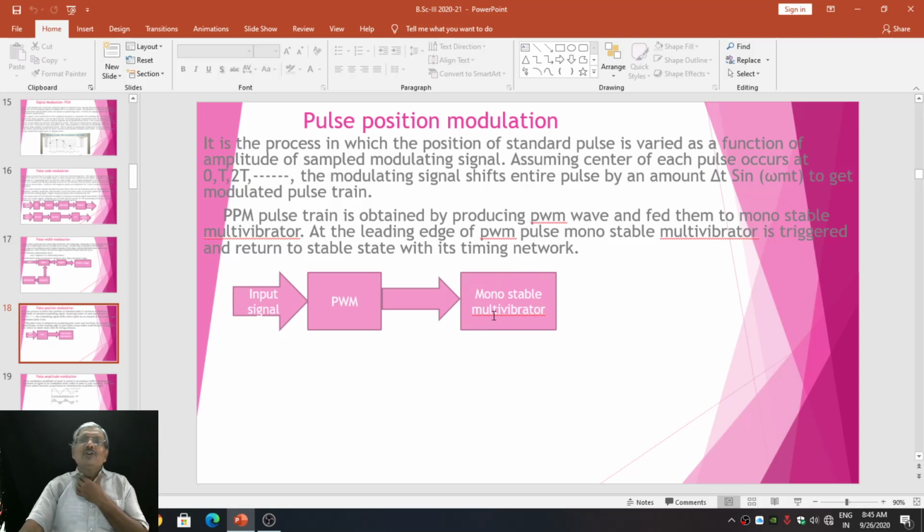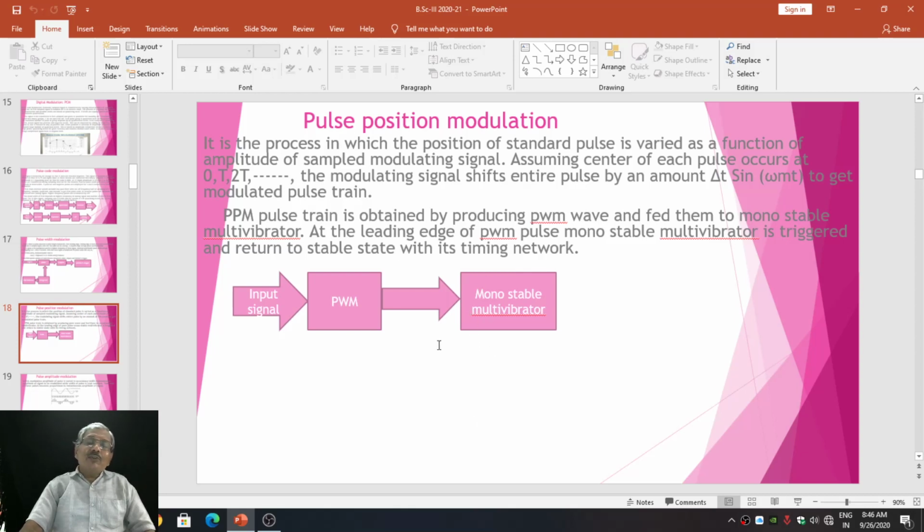In short, the output of the pulse width modulator acts as the triggering pulse for the monostable multivibrator. As we are aware, a monostable multivibrator is a single shot multivibrator. It has one stable state and another quasi-stable state. Once it enters the stable state, to change its state you have to apply a triggering pulse.